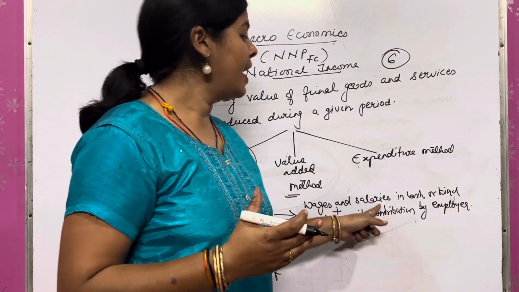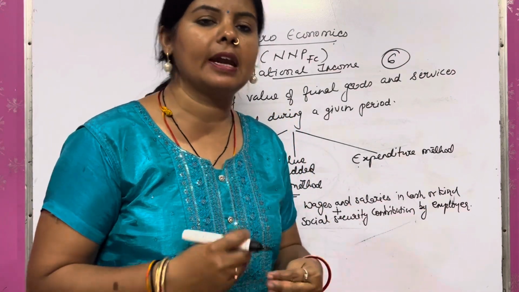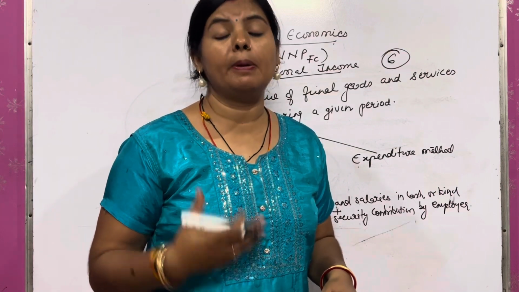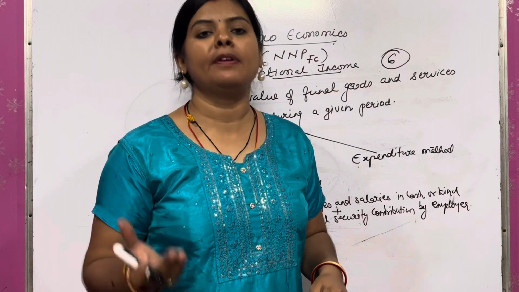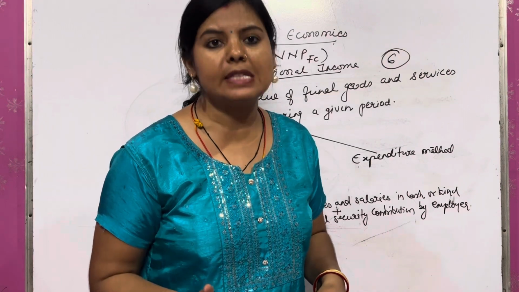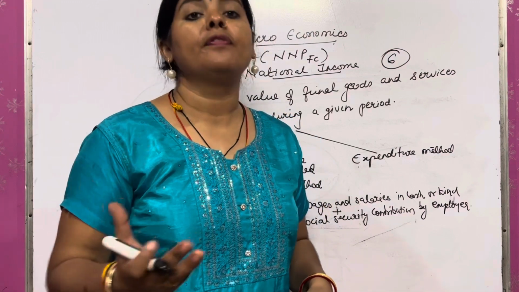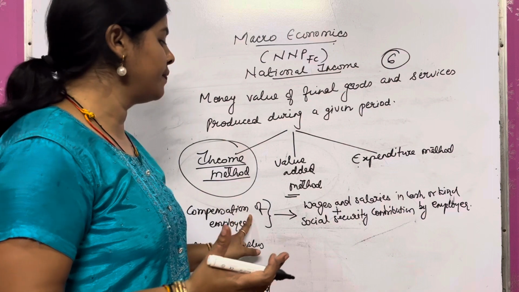If we are getting salary or wages in cash, no problem. But what is kind? That is called perks, the fringe benefits, like medical benefits and accommodation facilities. So many types of salaries in kind are there, and that comes under compensation of employees.